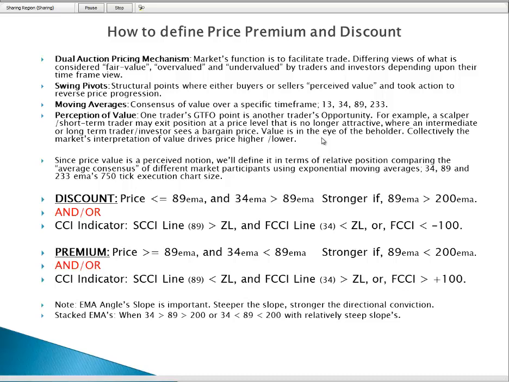Okay, so simply the fast CCI line goes below minus 100, and it hooks back up.